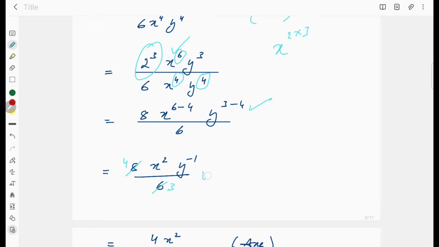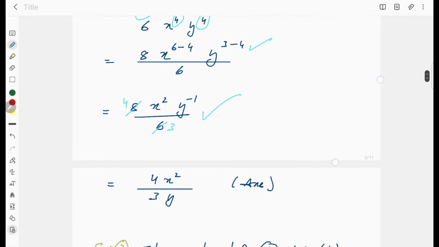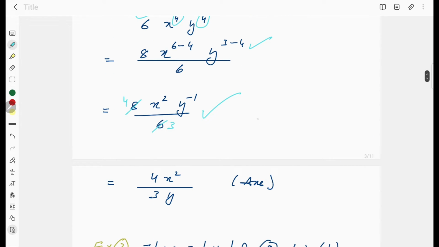So you can simplify 6 and 8, and 6 go 3 times in 2, and 8 is 4 times 2. So you get 4 over 3 x squared y minus 1.